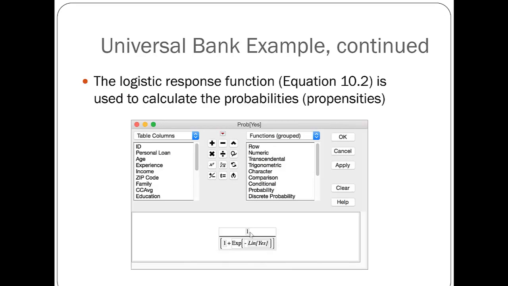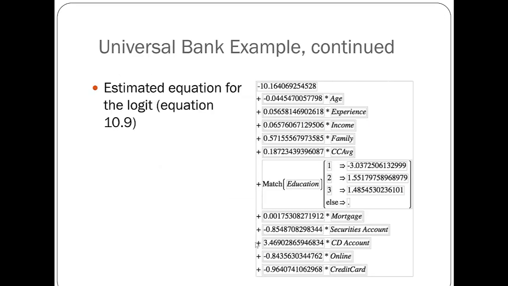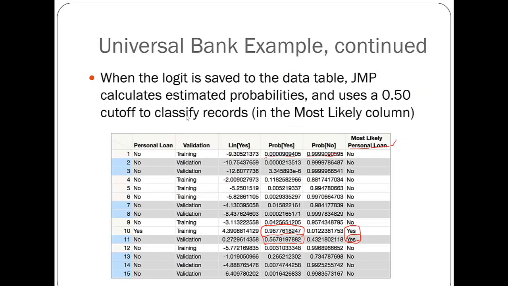Here's the actual formula, 1 divided by 1 plus exp of minus Lin[Yes]. This Lin[Yes] shows up right here, and this is just the logit function, so before raising it to the exponential power. So if you take 1 divided by 1 plus e to this power, you should get this thing, subtract that from 1, and you get the probability of no.